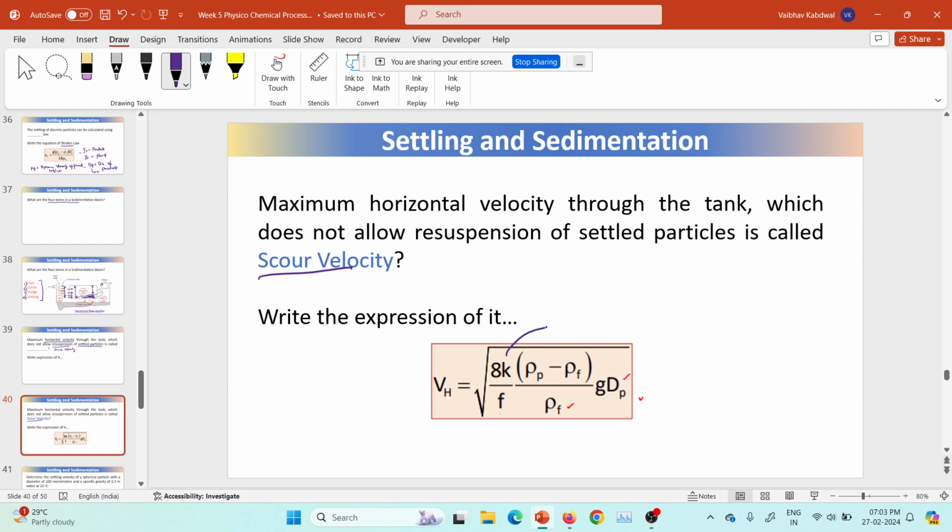You might have studied this equation in C1 also. K and f depend on the material, and the rest we have studied deeply, like the diameter of the particle.